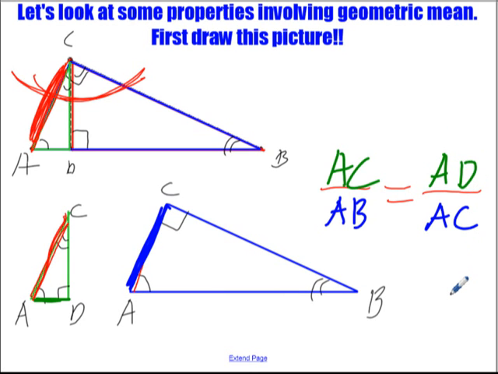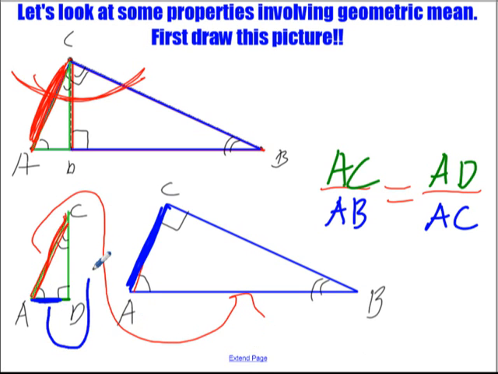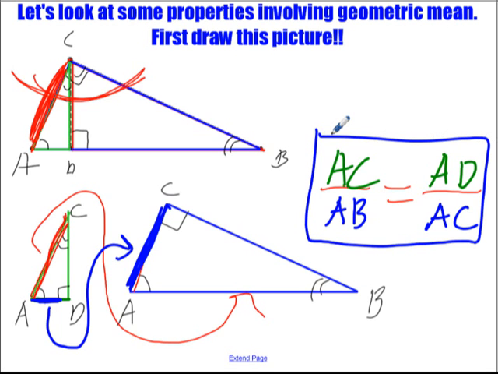Okay, so AC in the green corresponds with AB in the blue. AD in the green corresponds with AC in the blue. And so you see that AC appears twice in that proportion.